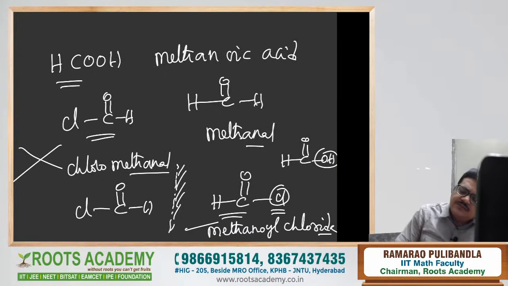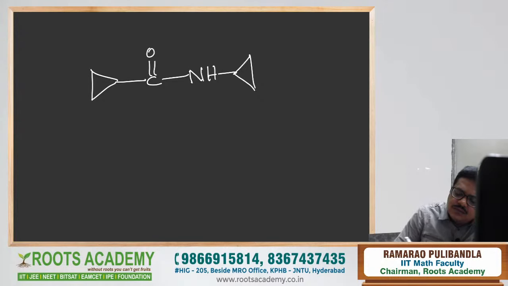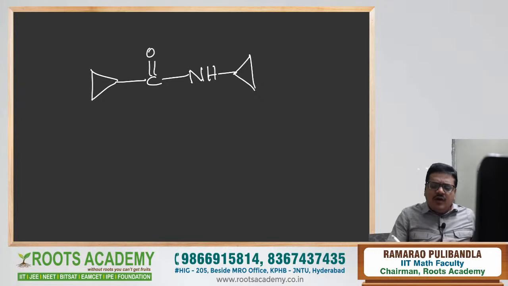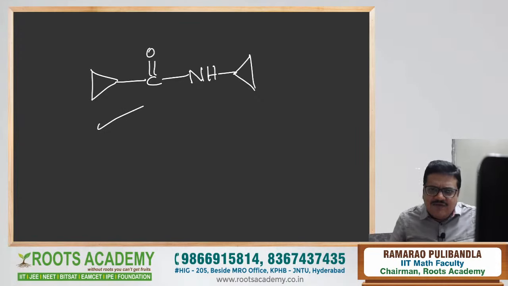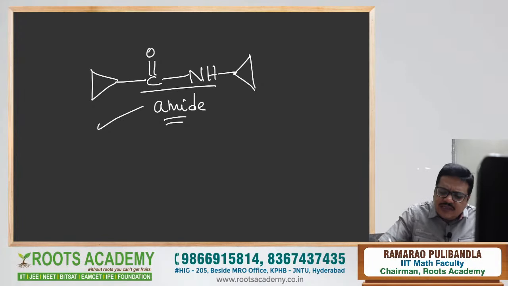Okay, next. Now, if I am saying a compound having like this, this is the compound. Then what is the IUPAC name of this compound? This is called amide. So here it is cyclopropyl.